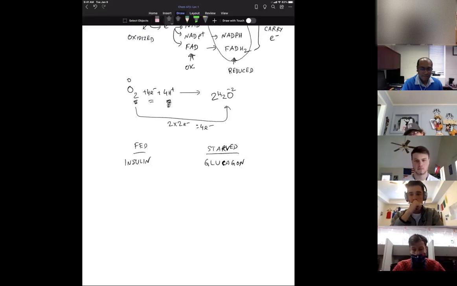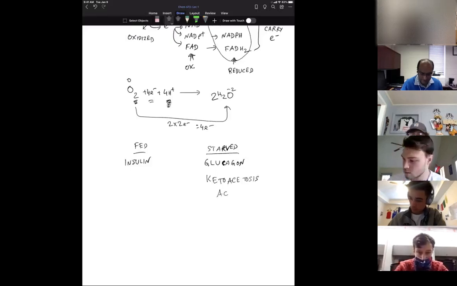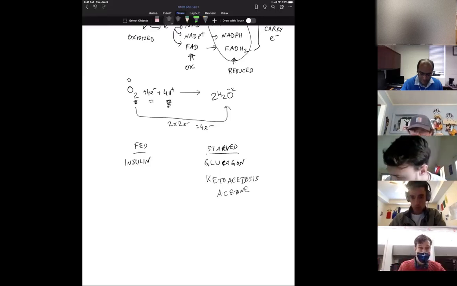So prolonged starvation is bad because it can cause a thing called ketoacidosis. Here, what happens is that we make a lot of ketone bodies, like acetone and some other things.